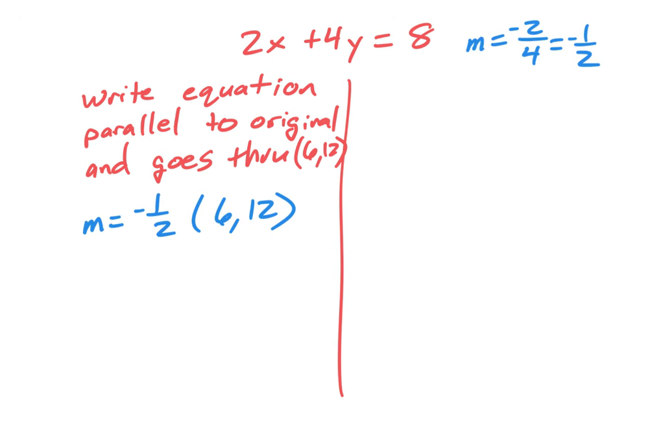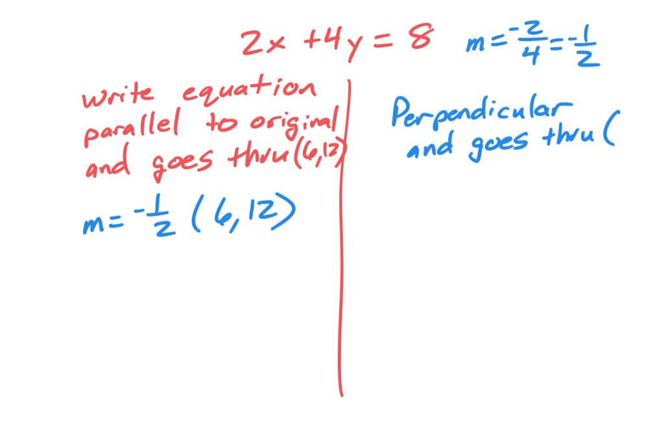Okay, over here, we would have the same instructions, but instead of parallel, it's going to say perpendicular to the original and goes through some given point. Let's say negative 2, 0. So here, my perpendicular slope, what would be perpendicular to negative 1/2? 2 over 1, and we could just write it as 2, because we're going to flip it, and we're going to make it opposite.